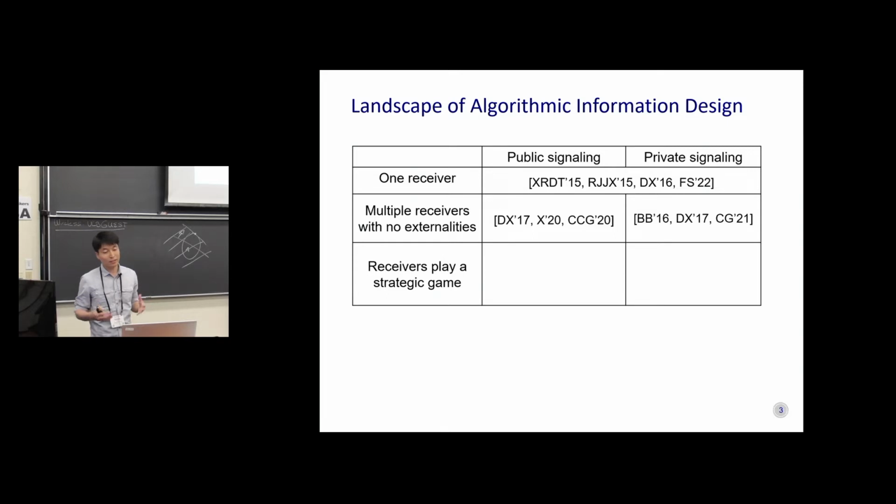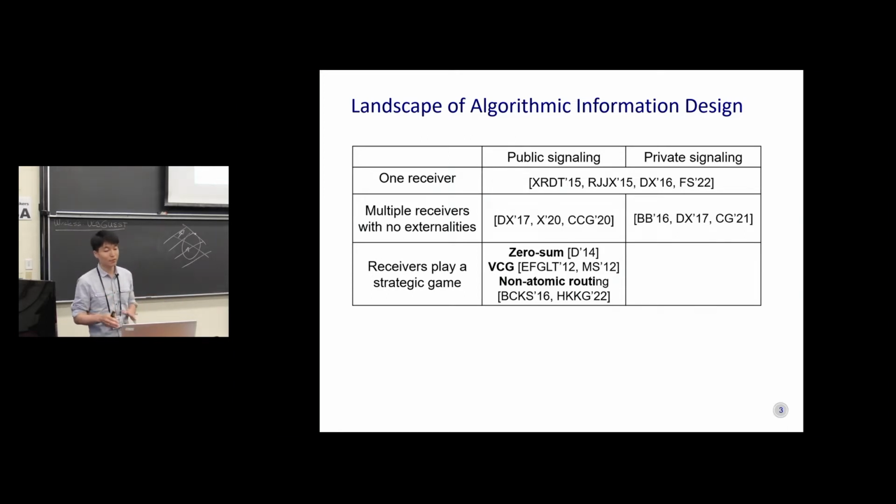In the past 5 or 6 years, there has been a lot of study for the first two basic setups, and so far, the algorithmic complexity of those problems is reasonably well understood. But for the most general case, when the receivers are playing a strategic game, there has also been a lot of study, but mostly focused on public signaling, and moreover, on some special classes of games, such as zero-sum games, VCG auctions, or non-atomic routing.